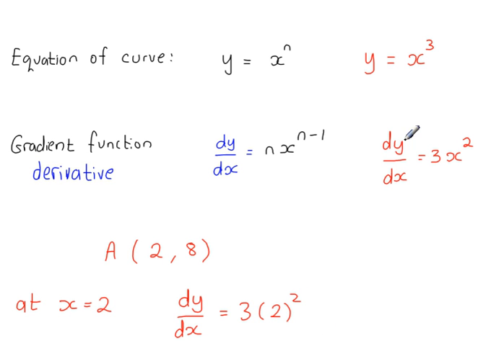And as you can see, this derivative is based on a value of x, which is why I'm putting an x value into this. So 2 squared is 4 times 3 is 12. So 12 is the gradient of the curve at this point.